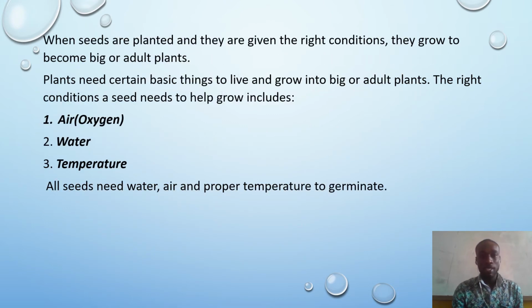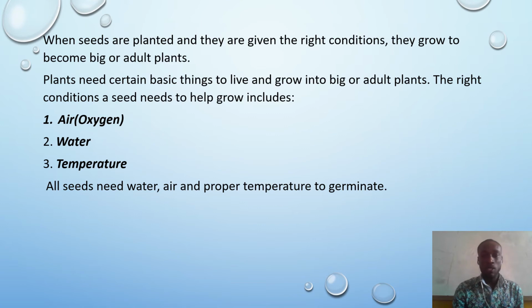So when seeds are planted and given the right conditions, they grow to become big or adult plants. Plants need certain basic things to live and grow into big or adult plants. The right conditions a seed needs to grow include the following. One, we have oxygen or air.